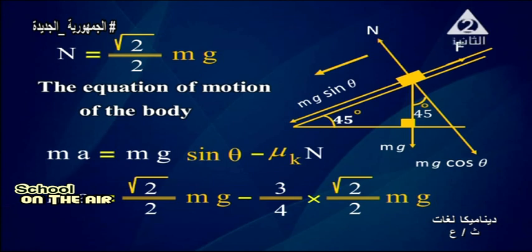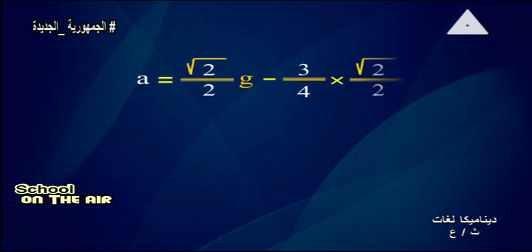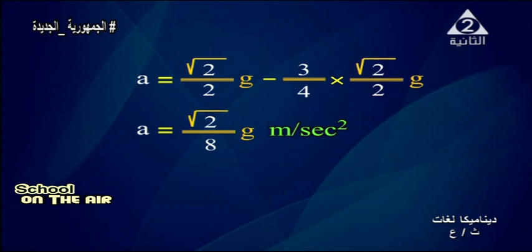We can cancel the m from both sides. Then the acceleration a equals root 2 over 2 g minus 3 over 4 times root 2 over 2 g. Then the acceleration equals root 2 over 8 g meter per second squared.